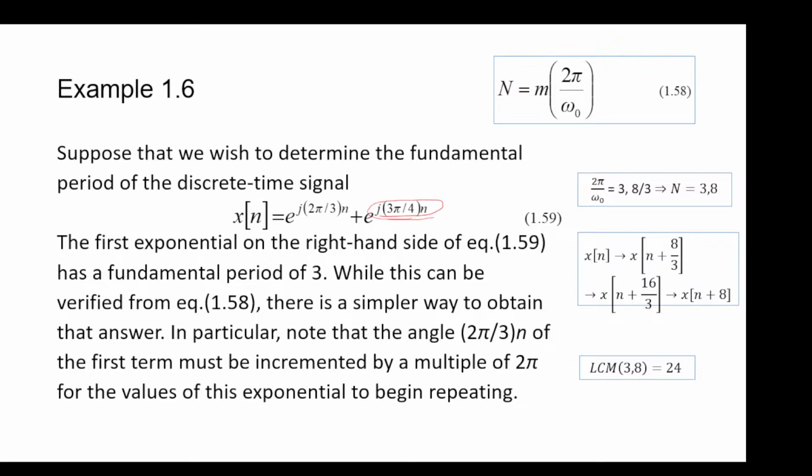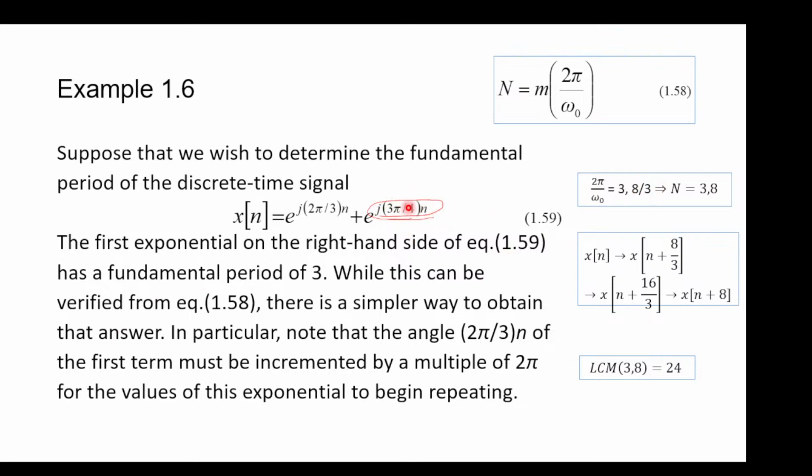Because once again, we want e to the j omega naught n to become a multiple of 2 pi for this thing to run back around the full circle. So the idea is that you want this part to become a multiple of 2 pi, and then you see what possible n will give you a multiple of 2 pi.